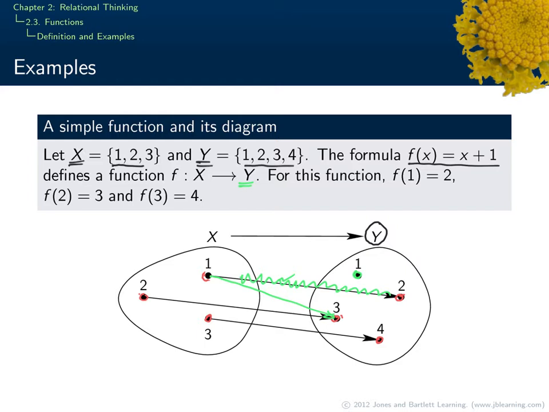Is this new diagram a function? I submit to you that it is a function because we are still using every element of X, and each element of X is being assigned to a single element of Y. Now, the fact that one of these outputs, namely 3, is duplicated doesn't violate the definition of a function.